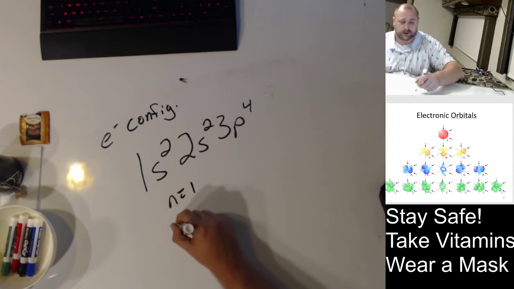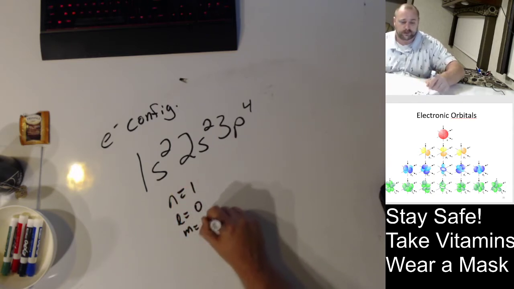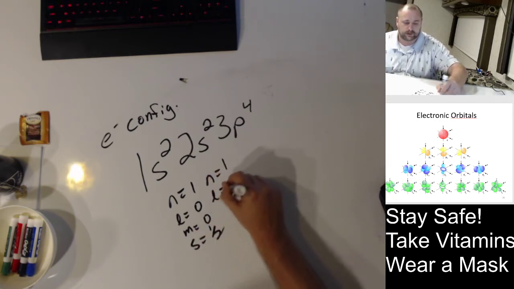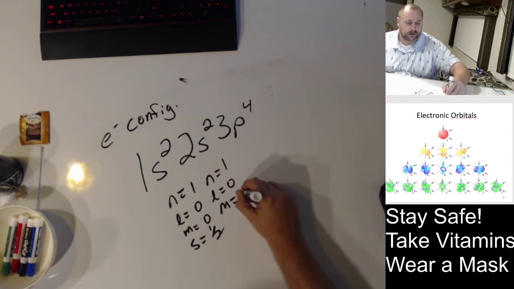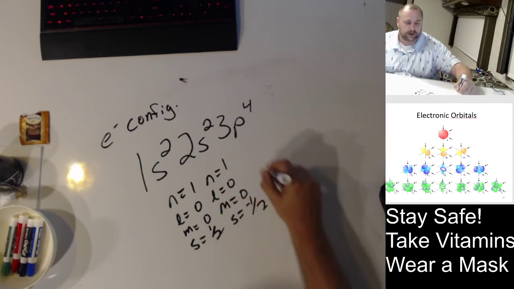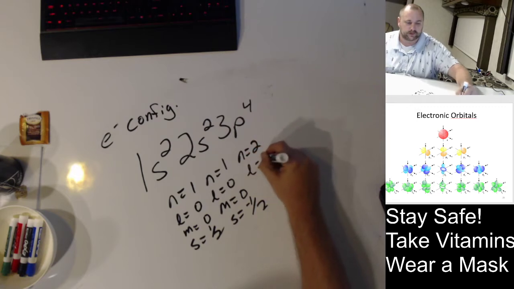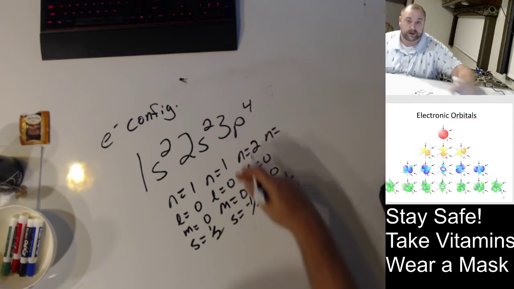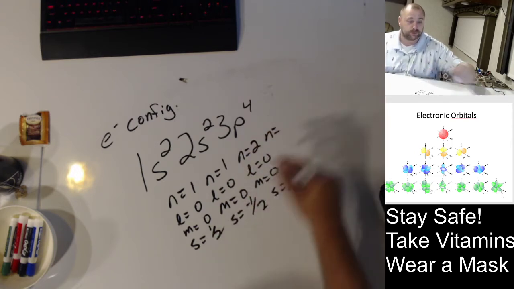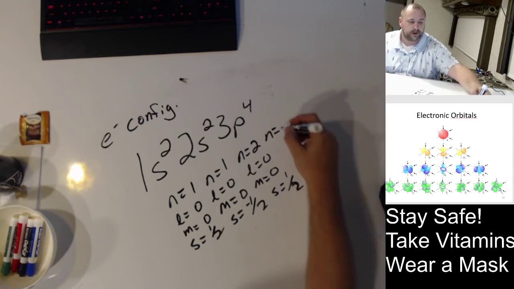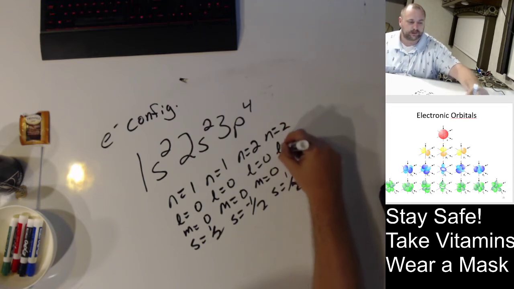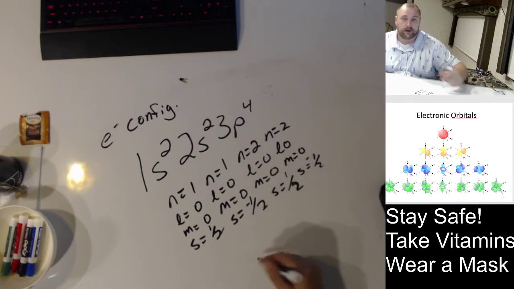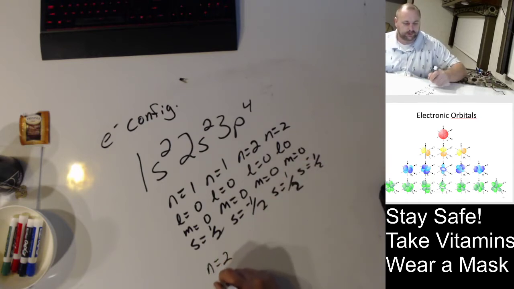N equal to 1, L equal to 0, M equal to 0, S equal to 1/2. N equal to 1, L equal to 0, M equal to 0, S equal to -1/2. N equal to 2, L equal to 0, M equal to 0, S equal to 1/2. And see how they can't have the same four numbers, but some of the numbers can repeat. N equal to 2, L equal to 0, M equal to 0, S equal to -1/2. N equal to 2, L equal to 1.